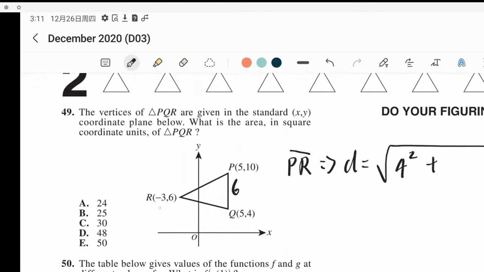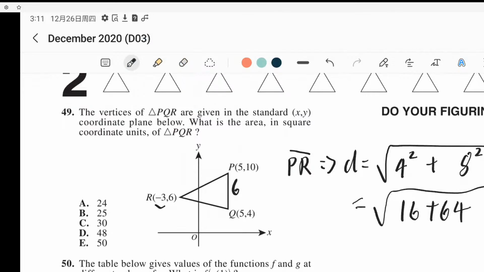And do be careful that the x1 here, -3, is negative. So 5 minus a -3 will actually result in 8, which is 5 plus 3, 8 squared. So the distance should be the square root of 16 plus 64, which is square root of 80. Now 80 is not a perfect square, so we're just gonna leave it as that for now.